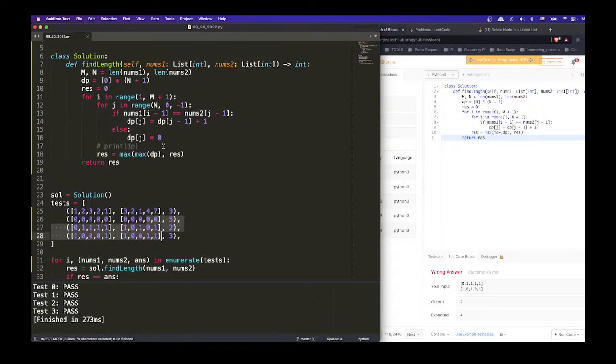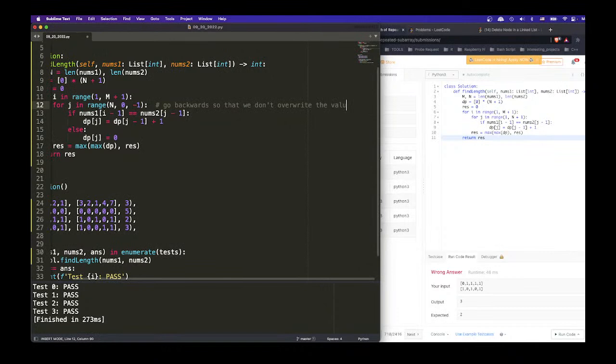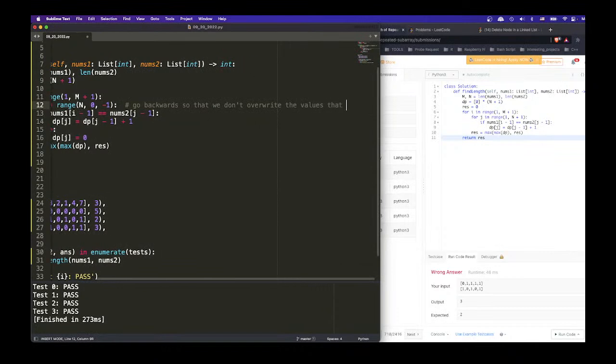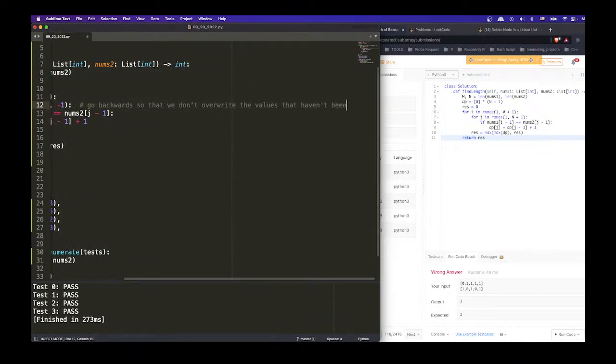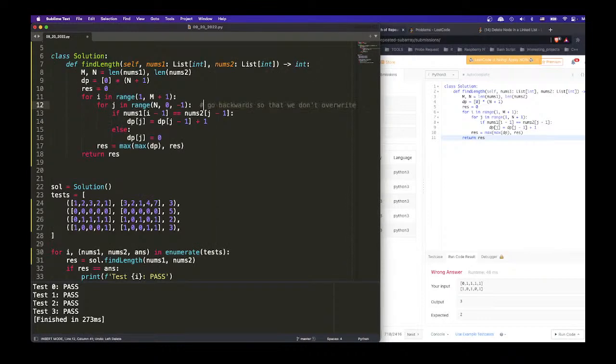Yeah, we're supposed to go backwards, so that we don't overwrite the values that haven't been used. Yeah, that's the problem. The logic seems correct.